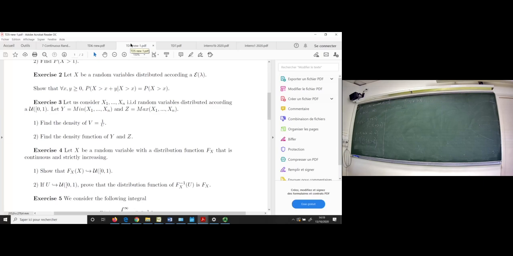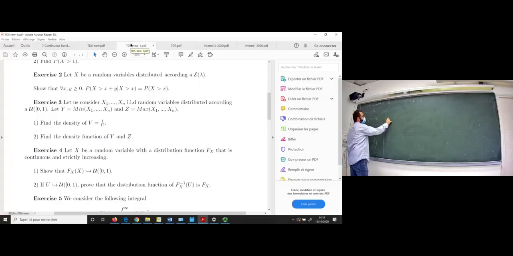By independence, I use independence here. So I have used the independence. I can use the fact that they have the same distribution. All of them are uniform, but they have the same distribution. So it means that all these probabilities are equal.